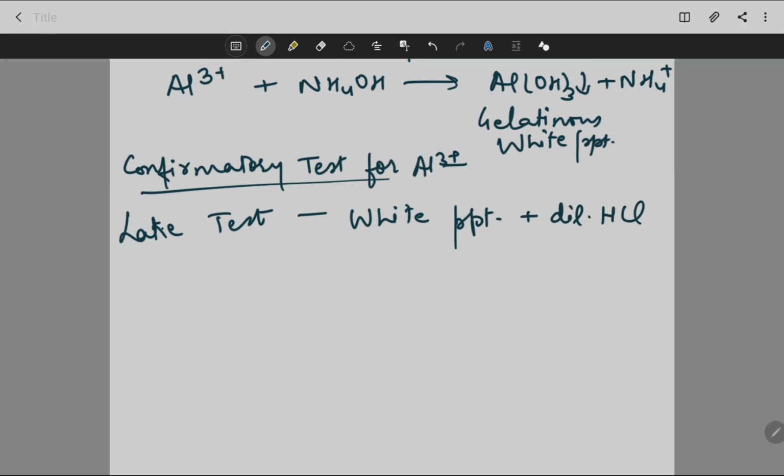Dissolve it in dilute HCl, and then to that solution obtained here, add 2 to 3 drops of blue litmus solution. Now add ammonium hydroxide solution, NH4OH solution.